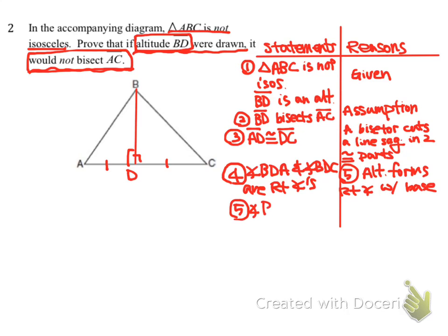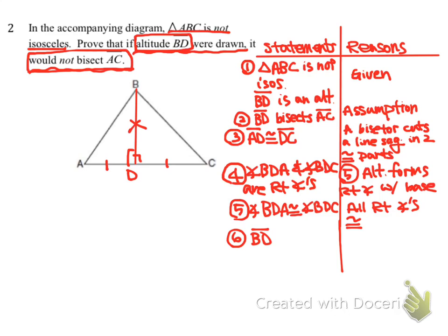So angle BDA is congruent to angle BDC, because all right angles are congruent. Step number 6. Notice that BD is shared between two triangles, one on the left and one on the right. So we're going to write down BD is congruent to BD. The reasoning would have been reflexive.